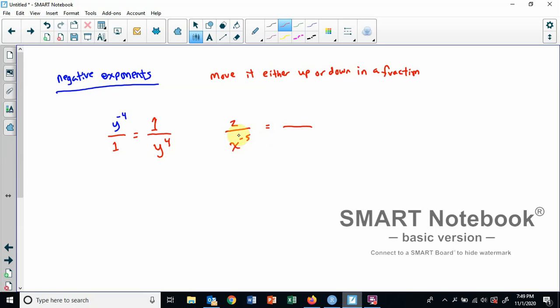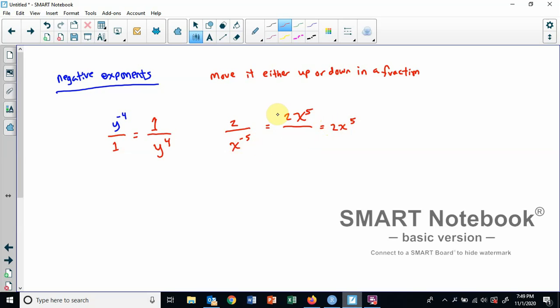This x to the negative 5 will move to the top and become x to the positive 5. What happens to the 2? Well, it actually does not move, because does it have a negative exponent? No, it has a positive exponent of 1, which I don't need to put. It's just a 2. It does not need to move. So now there's nothing left in my denominator. I don't have to do anything with my denominator.